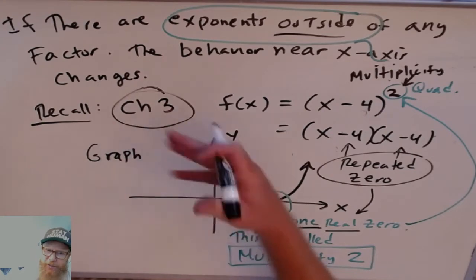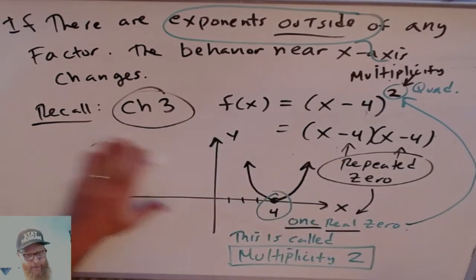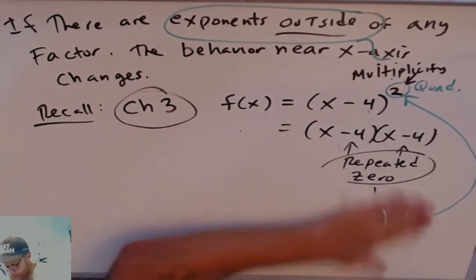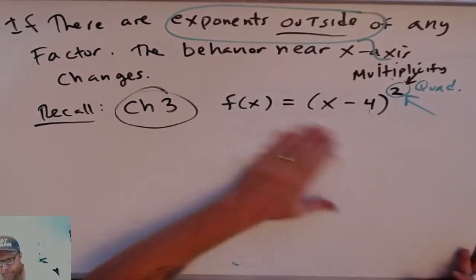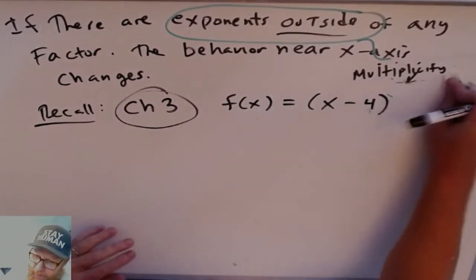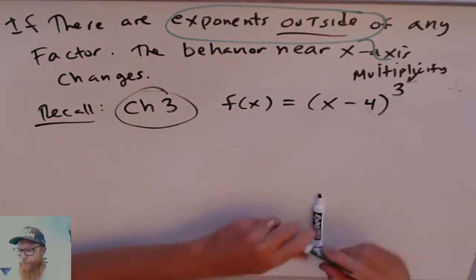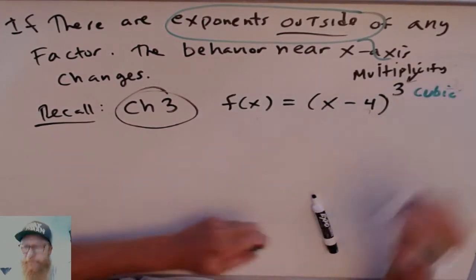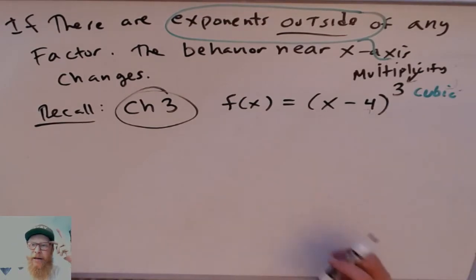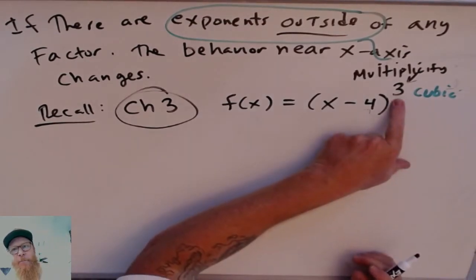Similarly, if we go back to chapter 3, we don't even have to change it very much. Suppose I have a cubic. A cubic has multiplicity 3.